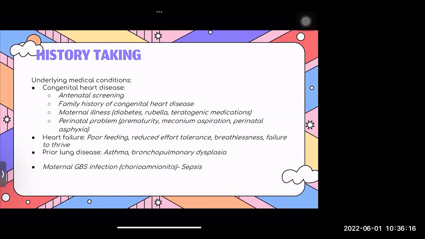Now, if you think it's a congenital heart problem and there is cardiac failure, symptoms of heart failure include poor feeding, right? So how would you ask for poor feeding, Aisha?